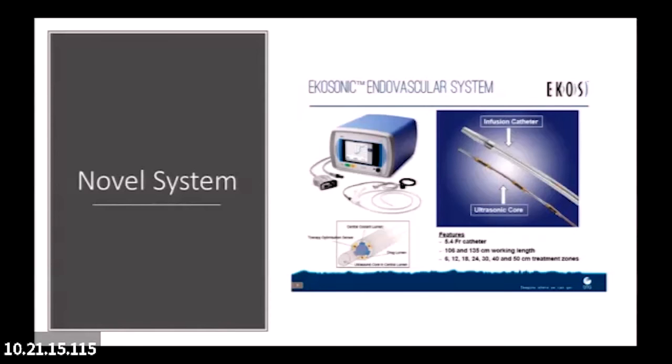So people were thinking, is there a better way to achieve that? They developed the ECOS system. Essentially, it is a combination of an ultrasound catheter and an infusion catheter for TPA, so the infusion will be direct infusion of TPA.